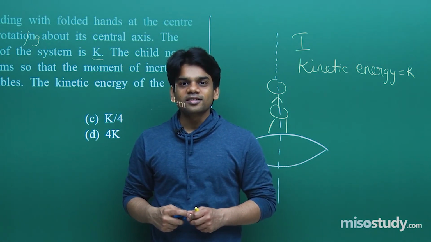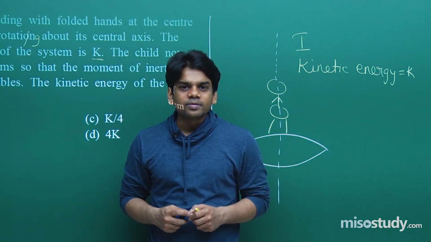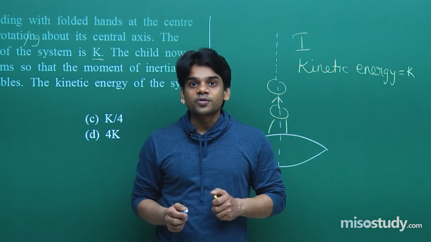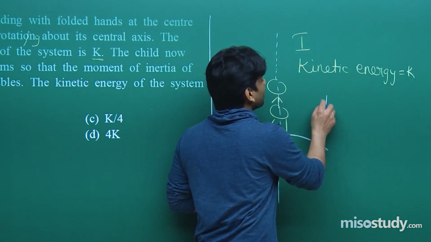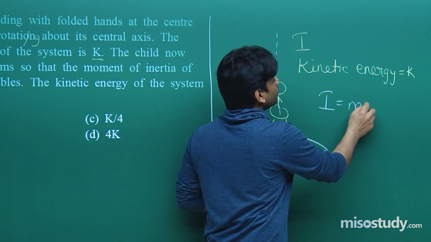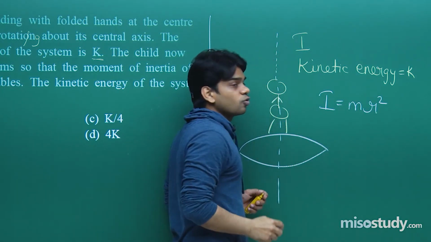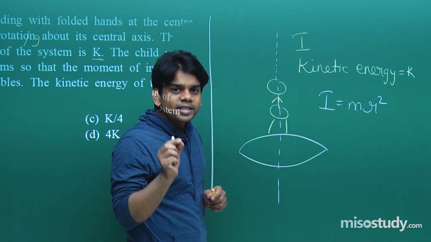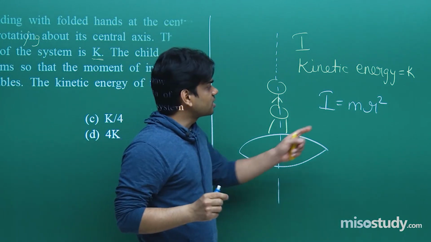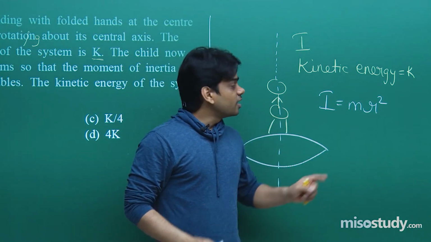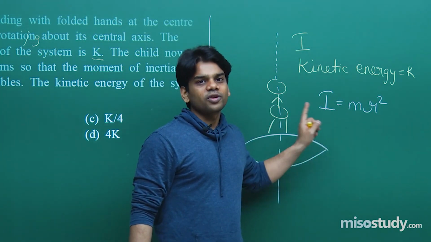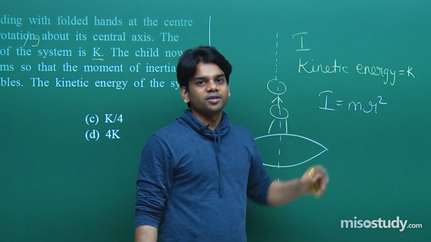Its distance will increase. If distance increases, the moment of inertia will increase, because we know that I is equal to mr square, each point mass times its distance from the central axis. As distance increases, moment of inertia will increase because mass remains the same.